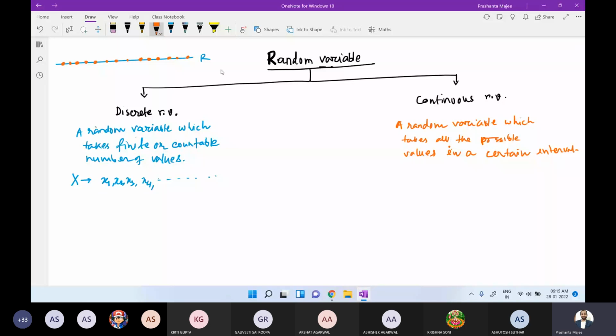Now we are going to consider some special discrete and continuous random variables.